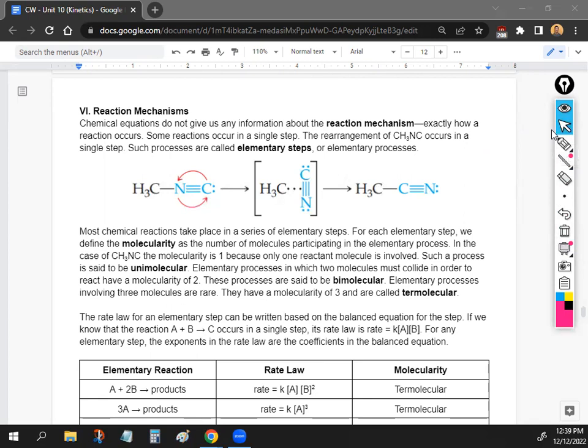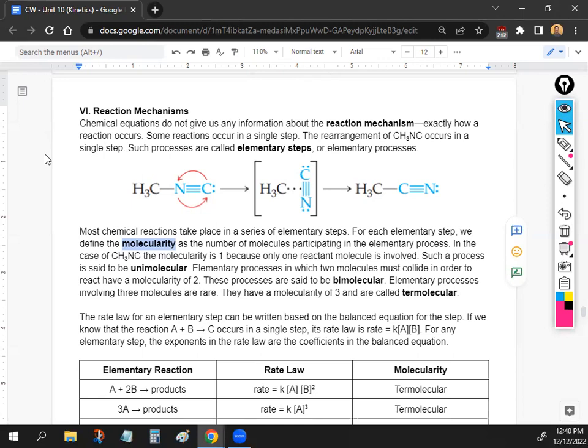Okay, so depending on the chemical reaction, these molecules can move in multiple steps. Depending on how many steps it takes for a reaction to take place, we define the equation by its molecularity. So basically the molecularity tells you how many things the molecules need to do in order to complete the reaction.